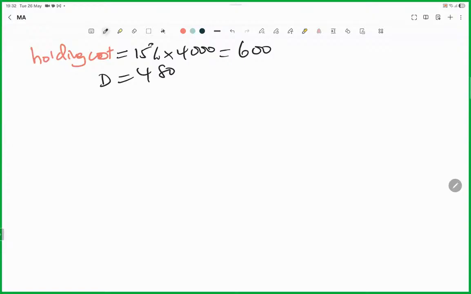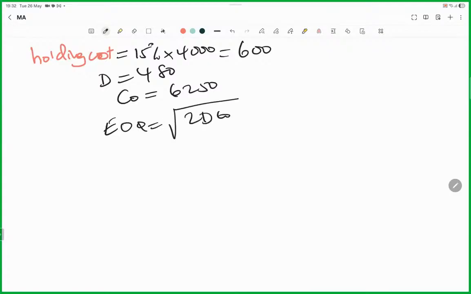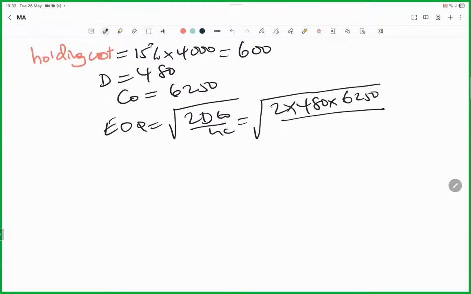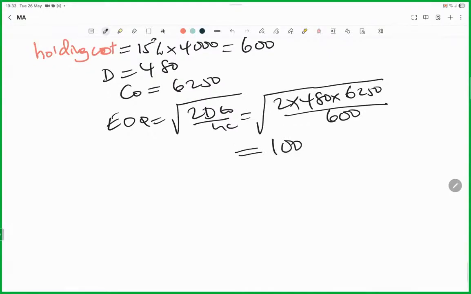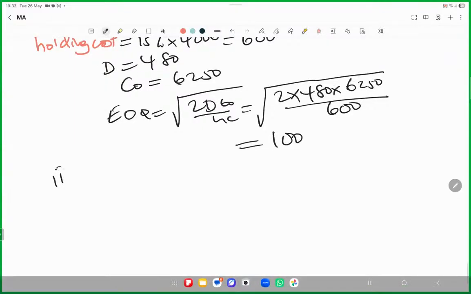Ordering cost from note number 3, cost per order is 62.50. EOQ is root of 2 C0 D over HC: 2 times demand times cost per order 62.50, all over HC, which is 600. That is what those ninjas did to get 100.